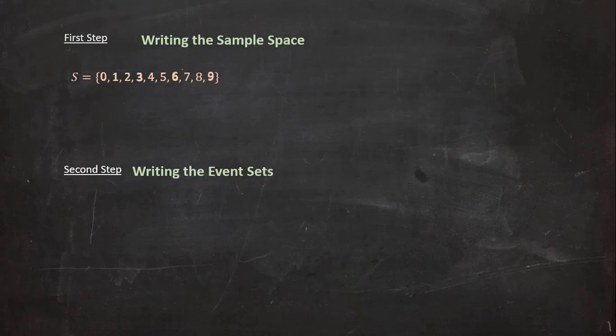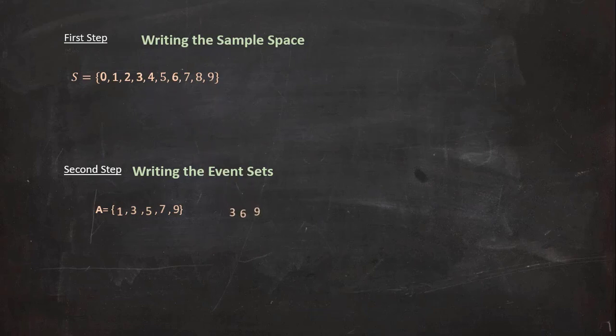So what was event A? It was basically all the numbers which are odd, and we call it set A. Event B, as we can recall, was all the numbers which were multiples of 3.